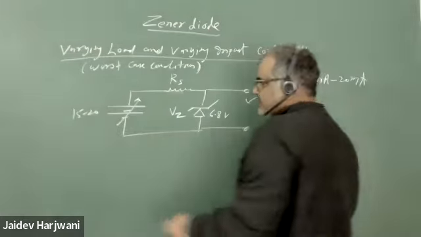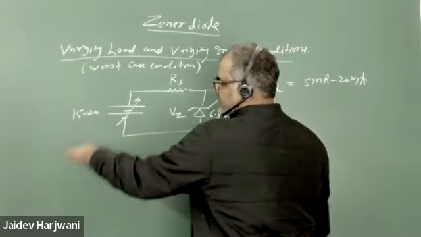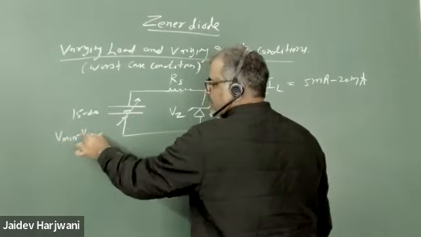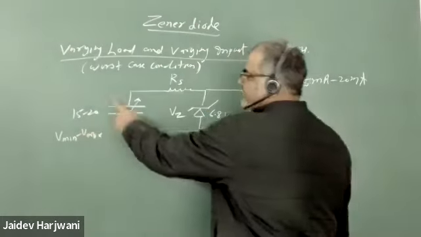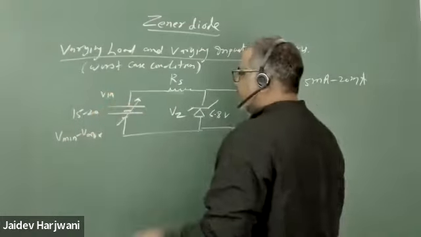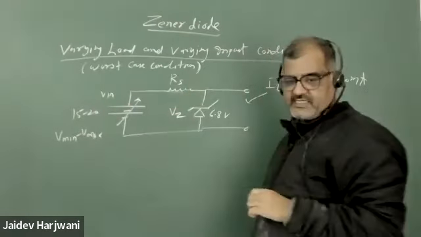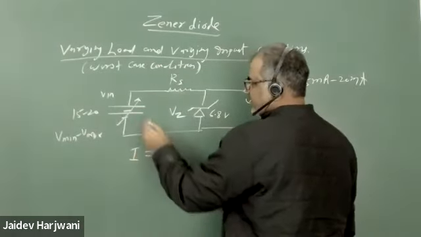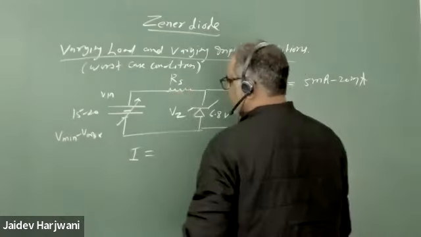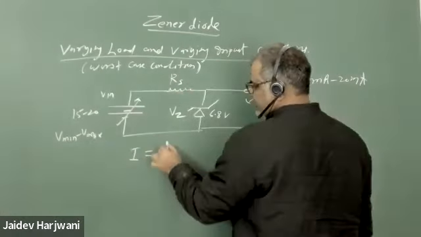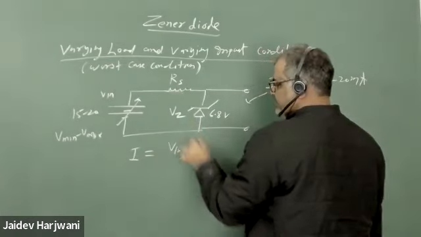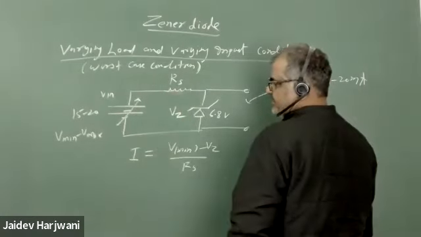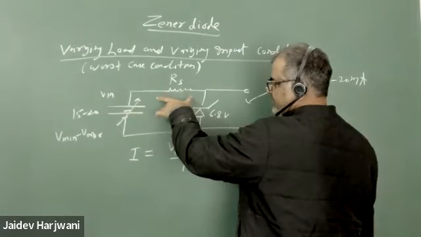So suppose in this particular case the input voltage is varying from V minimum to V max. Once I fix the V minimum value here, then automatically there is a limitation on RS. If I want the current I, what is I? It is V minimum minus VZ across RS in the circuit, isn't it? The remaining voltage will come across RS.